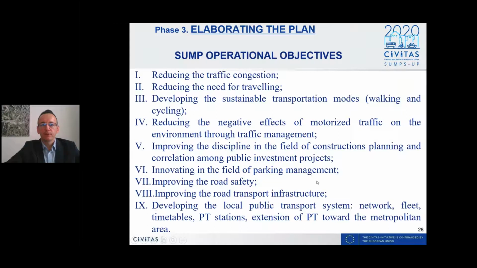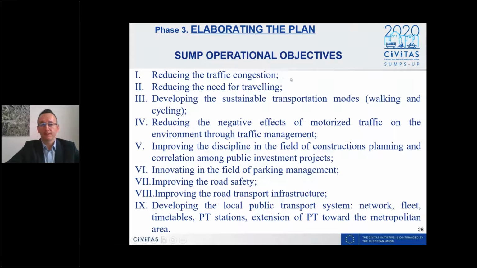In terms of sustainable urban mobility operational objectives, we have set up 9 objectives that further on we focused on in order to develop various measure packages.